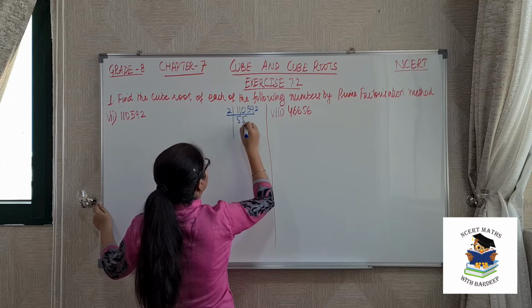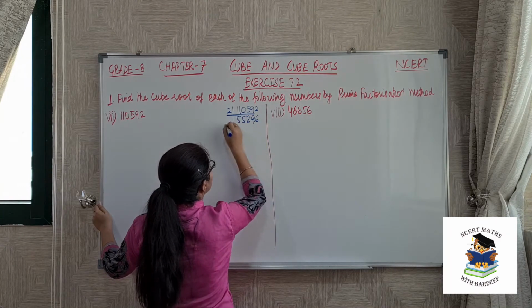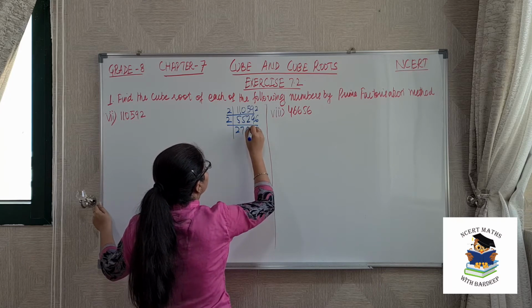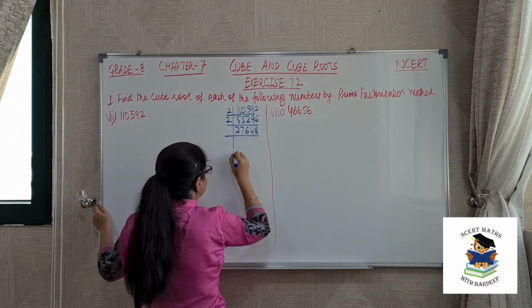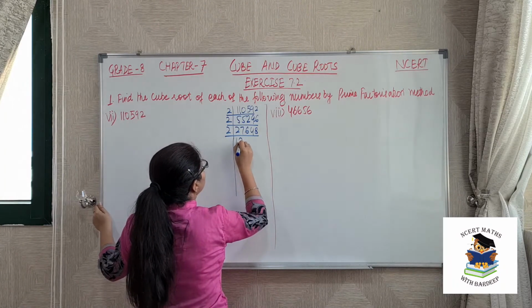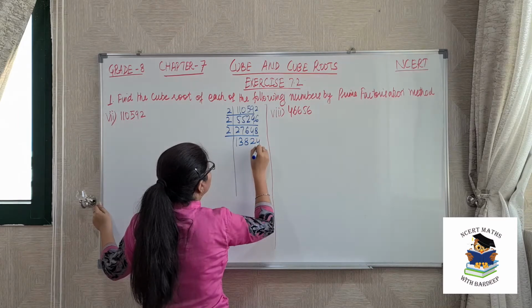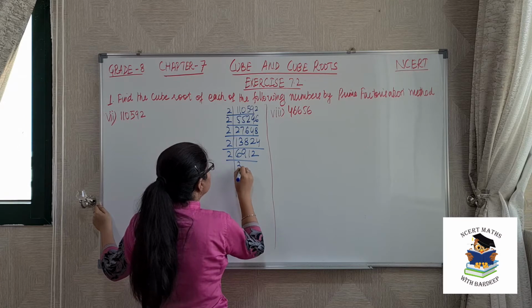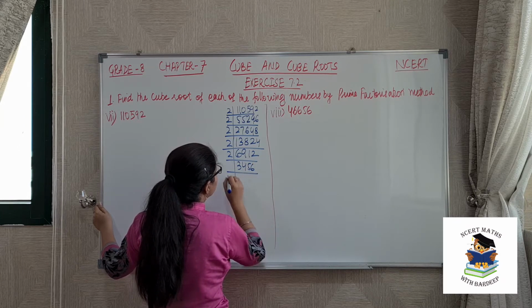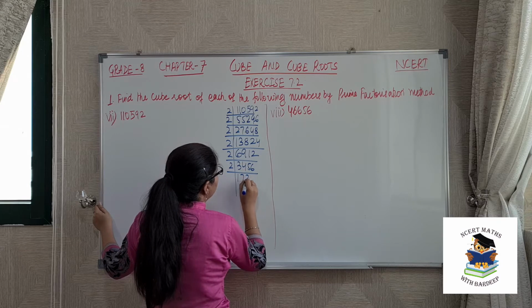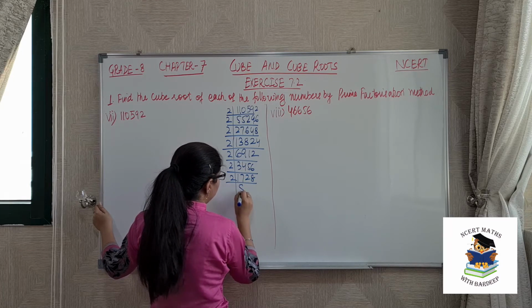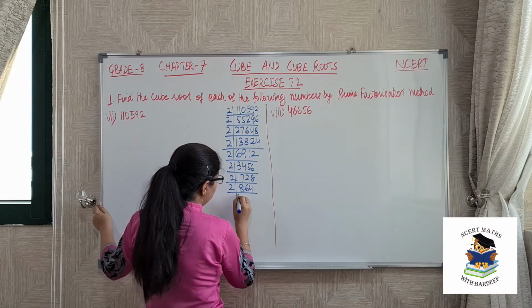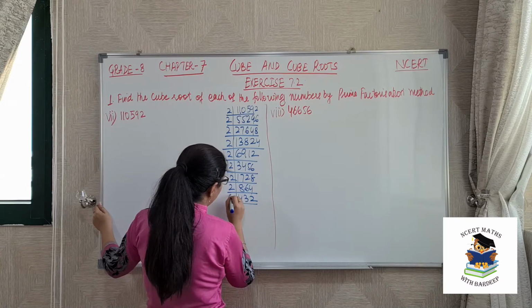So 55296, 27648, 13824, 6912, then 3456, 1728, 864. This is 432.